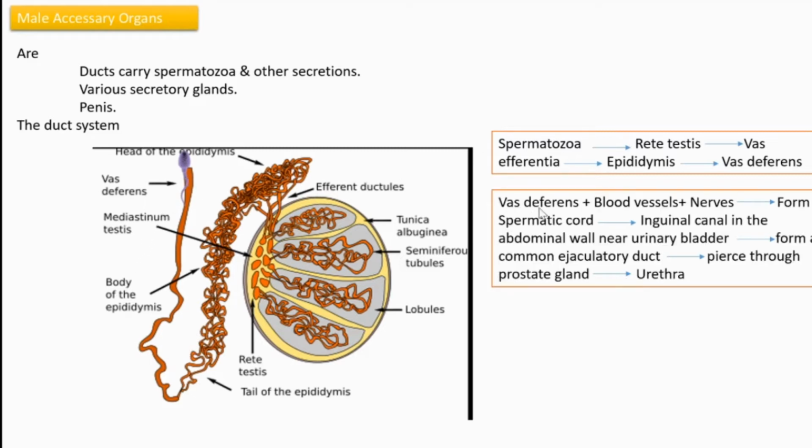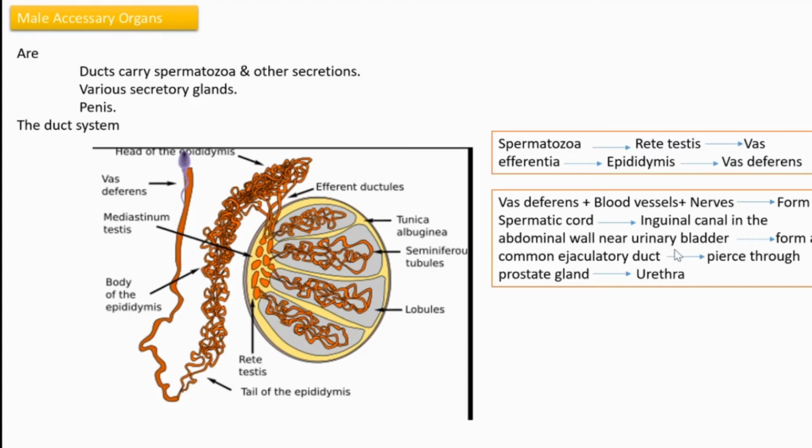Then this vas deferens, again with some blood vessels and nerves, unites to form this cord, the spermatic cord, a somewhat thick cord. And this spermatic cord then passes through the inguinal canal, which is another duct, and it passes over the urinary bladder in the abdominal wall.